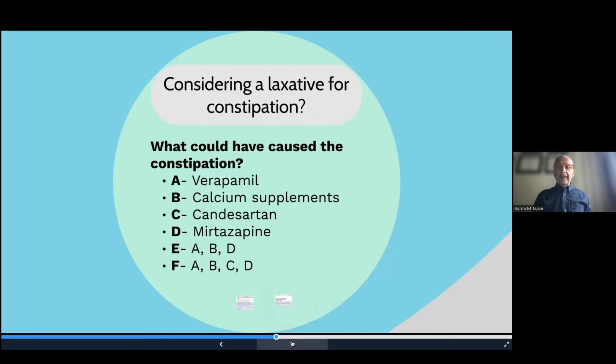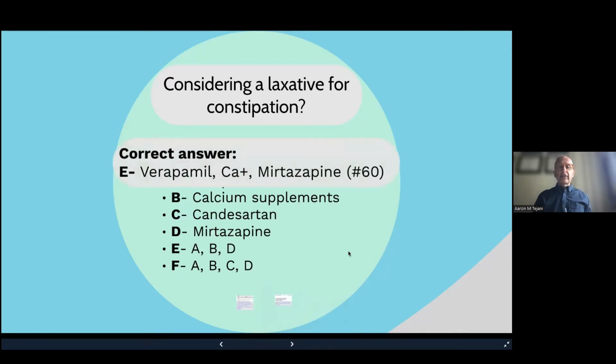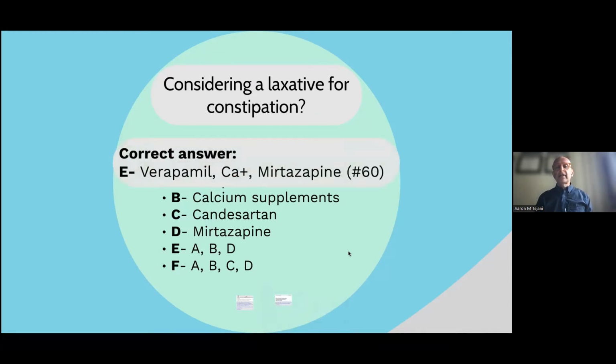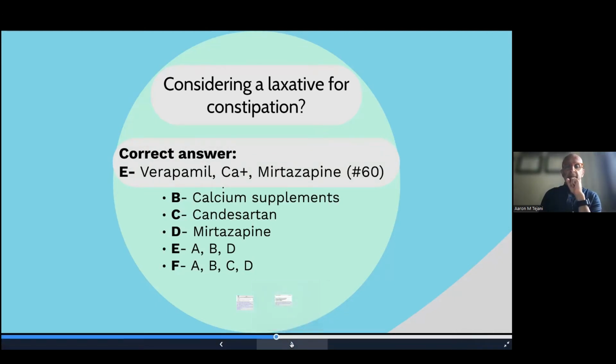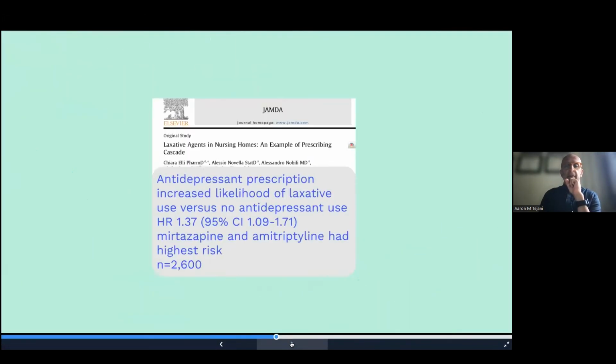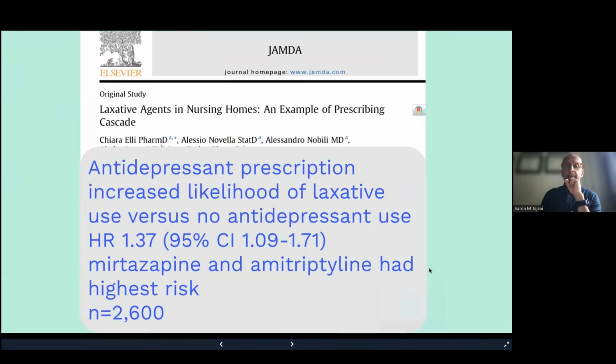Okay, well, I'll tell you the answer, I think, is verapamil, calcium supplements, and mirtazapine. Mirtazapine happens to be the number 60 drug prescribed in BC. We have an interesting letter on mirtazapine that you can take a look at. But as it relates to this particular issue about what causes constipation, just some information that may support this idea.